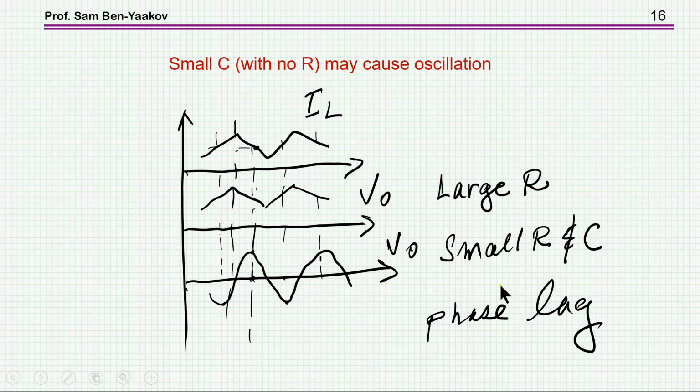However, if you rely on the capacitor, then the ripple is phase shifted. There is a lag, and this lag can cause instability. This will be a case of instability of the constant on-time controller. So you should avoid the phase shift. You should try to get the ripple to be synchronized, the same phase as the input pulses, or also, of course, the ripple of the inductor current. So this is very important to realize.